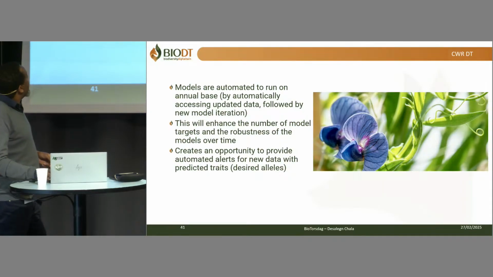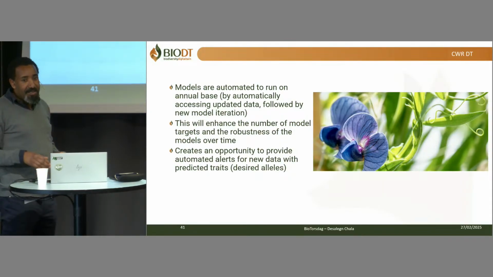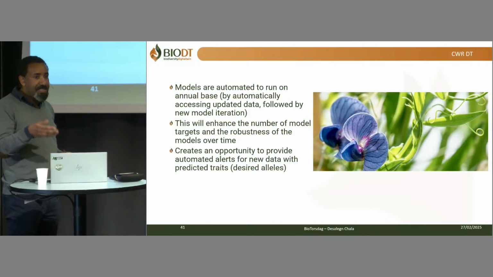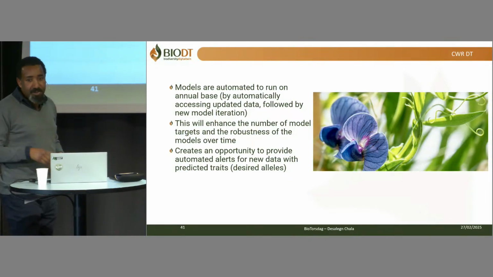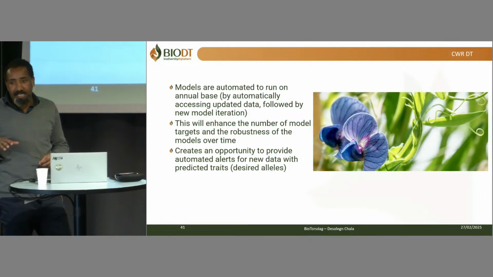So generally, these models are automated to run on an annual basis. That means it automatically runs once in a year. And this will enhance the number of model targets and the robustness of the models. I was showing you the wild relatives of grass pea, and now we have data for 18 species.